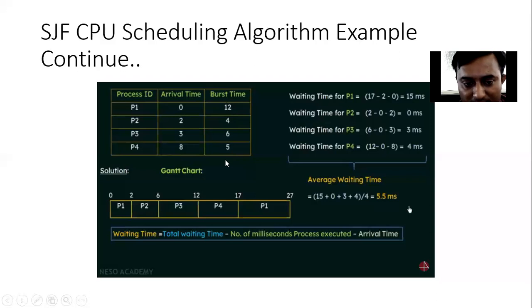So P4 will start its execution and continue, because now we don't need to check whether other processes have arrived, since all the processes have arrived in the ready queue. So we will continue the execution of P4 in the CPU up to 17.